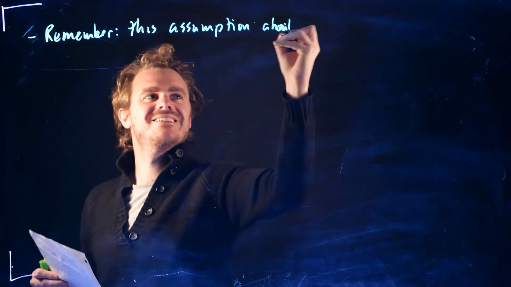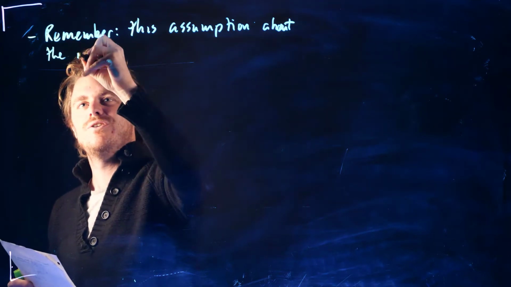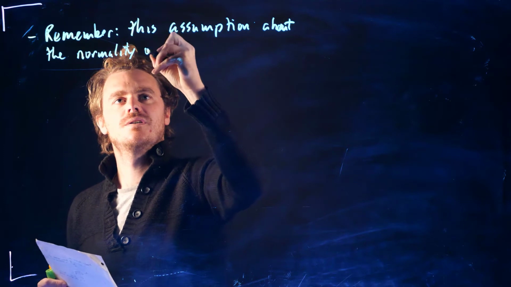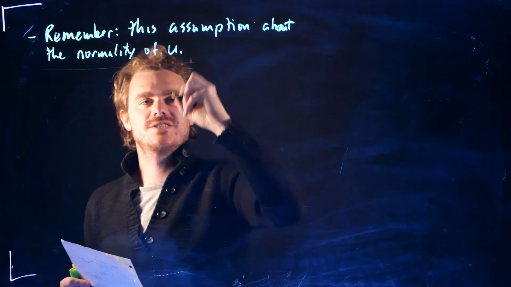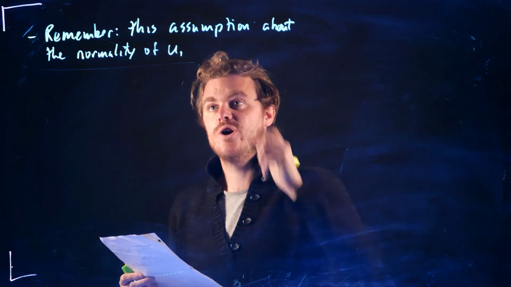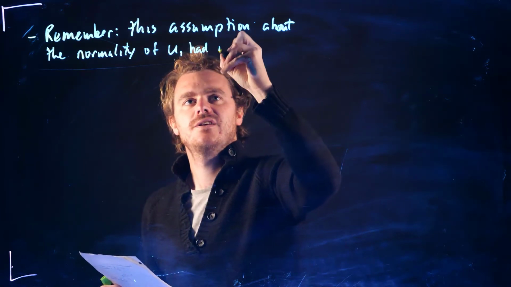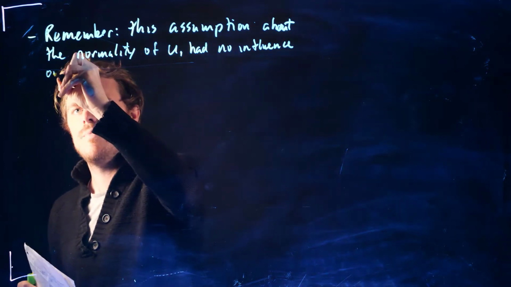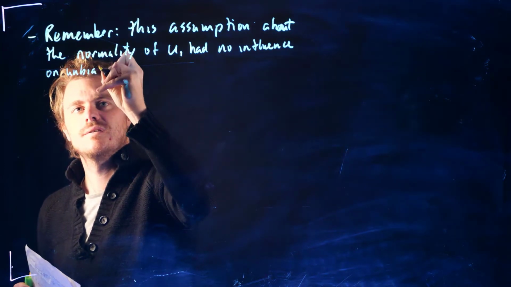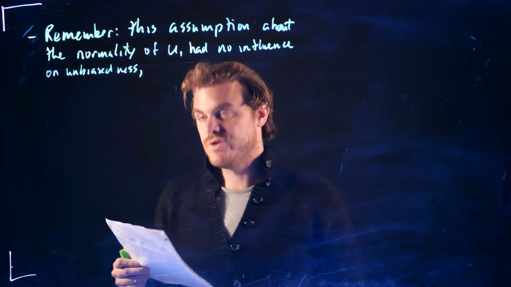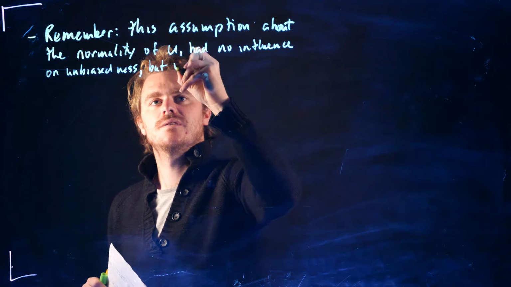The normality of the error term U had no influence on unbiasedness, but we use it for hypothesis testing.